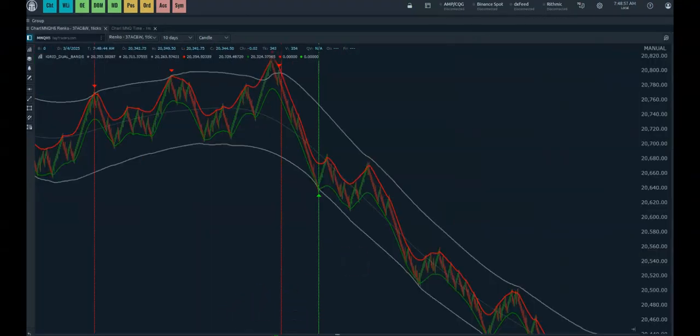So when I get a certain amount of bars pullback, anytime the main bands are in an uptrend, as I get pullbacks and lift on both the lower, so we get that little hook in the fast bands.